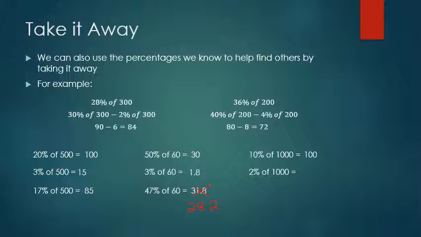So to find 2%, we start by finding 1% by moving the decimal 2 places to the left, and we get 10, times 2 would be 20. So if I wanted to find 8% of 1,000, we would do 10 take away 2 would be 8%. So we would just do 100 take away 20, which would be 80. So 8% of 1,000 is 80.